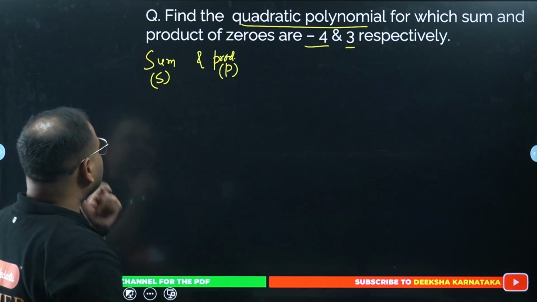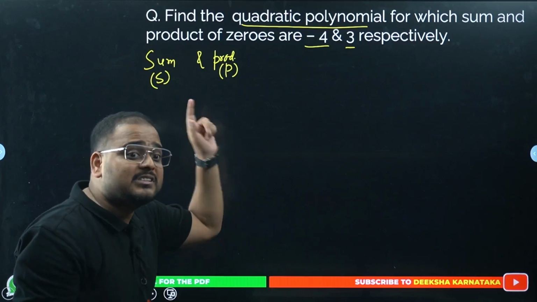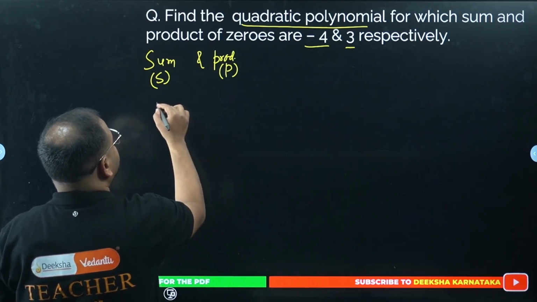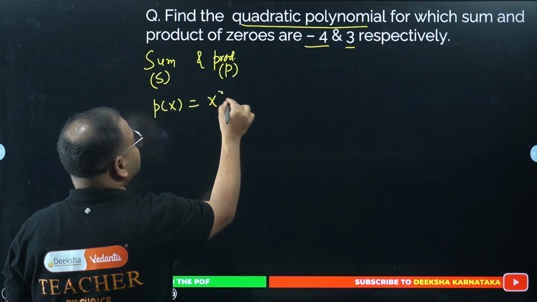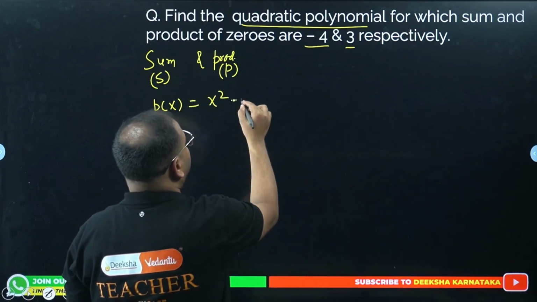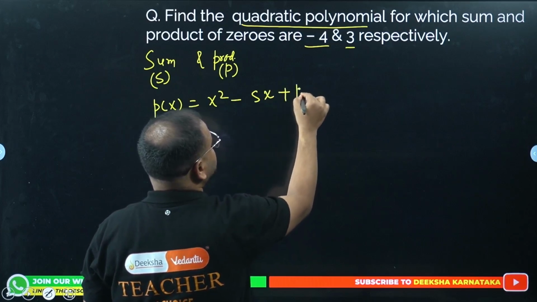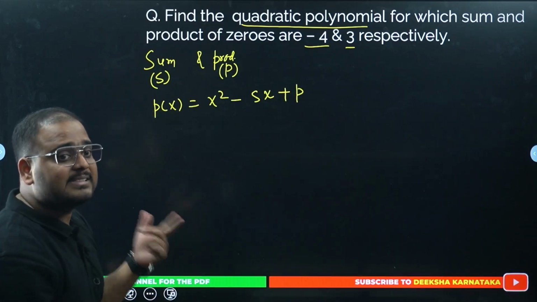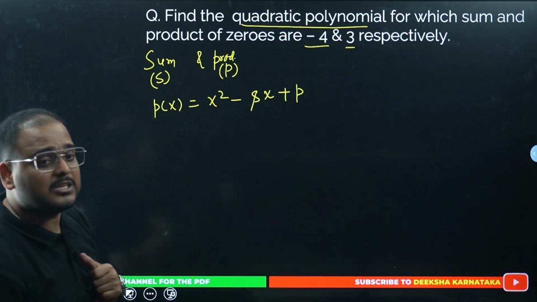So the standard form of the quadratic polynomial when sum and product is given is polynomial P(x), which is quadratic, equals x square minus Sx plus P. Minus Sx is not 5, it's S. So minus Sx plus P.